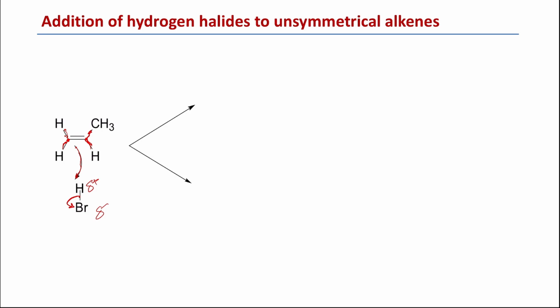In this case, you have two possibilities because the hydrogen can be added either to carbon number 1 or carbon number 2. If the hydrogen adds to carbon number 2, that will give us an intermediate, which is a carbocation with a positive charge on carbon number 1. The second one is if the hydrogen adds to carbon number 1, then this will give us a carbocation with a positive charge on carbon number 2.